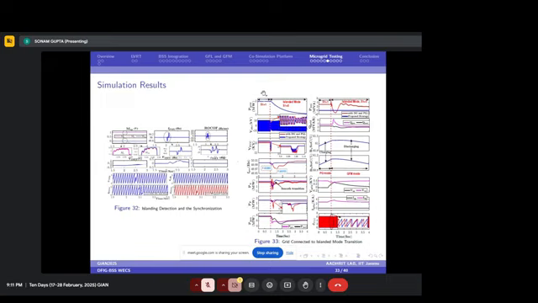So these are some simulated results when transiting from grid connected to islanded mode operation. If we look at the frequency and the power only, there is a smooth transition when we implement this proposed control strategy.